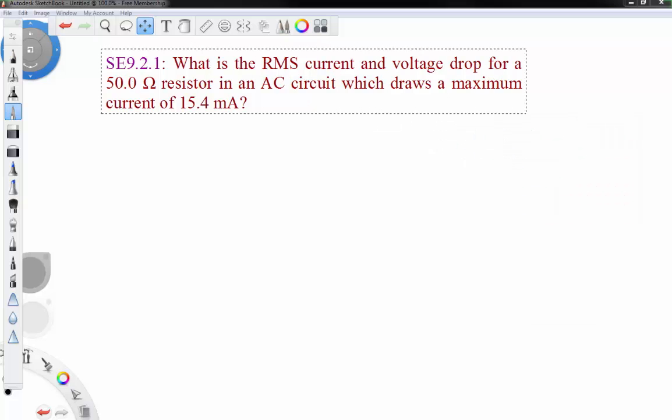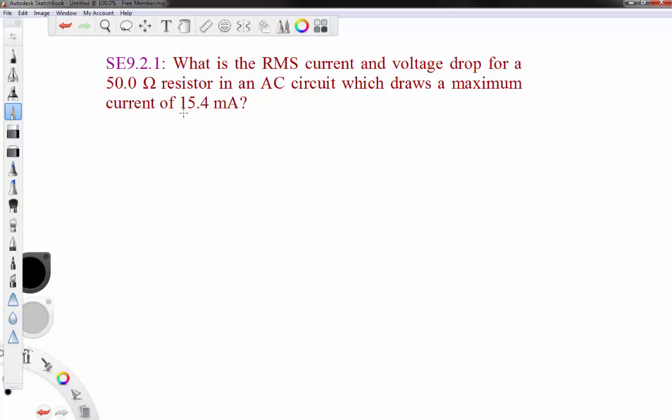Our first question is, what is the RMS current and voltage drop for a 50 ohm resistor in an AC circuit drawing a maximum current of 15.4 milliamps? So this right here represents I max.